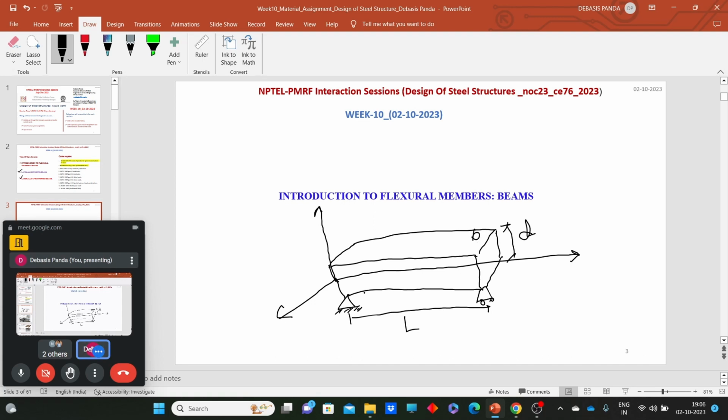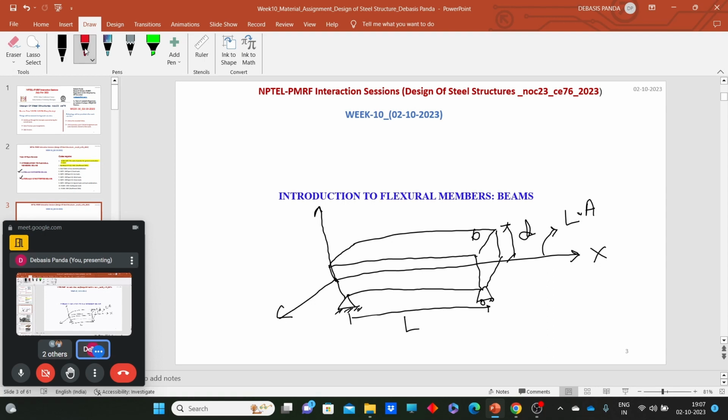The axis along the length of the beam, we call the longitudinal axis. And the two other axes we call the transverse axes. The beams, or flexural members, are generally subjected to transverse loading.